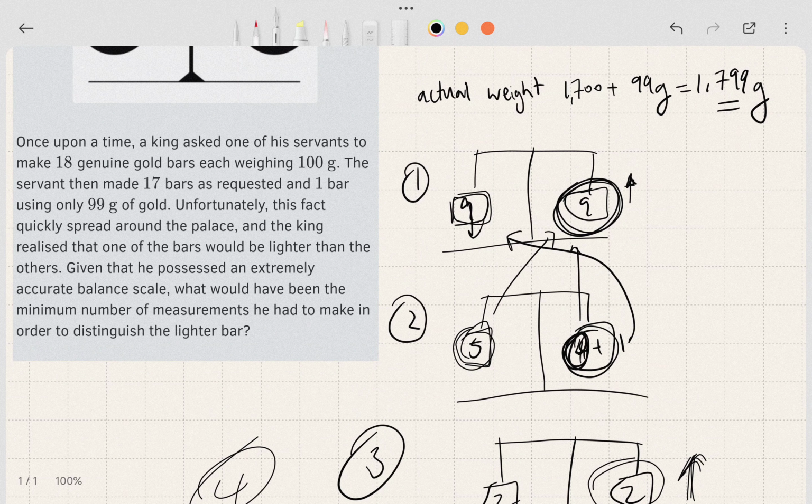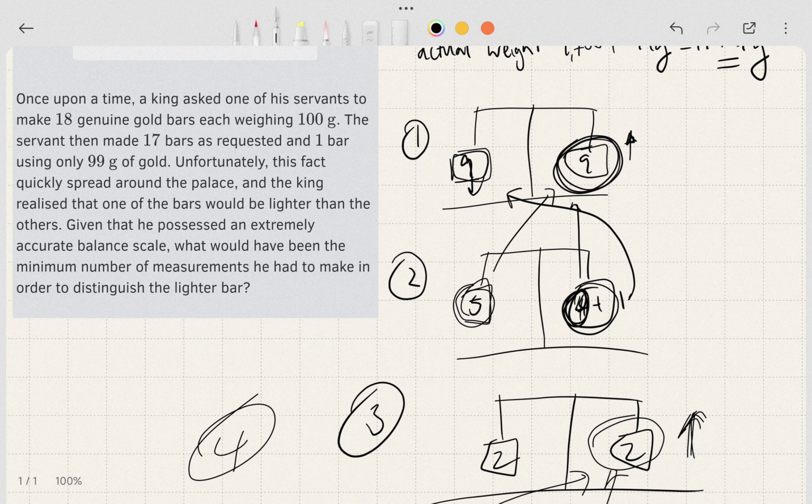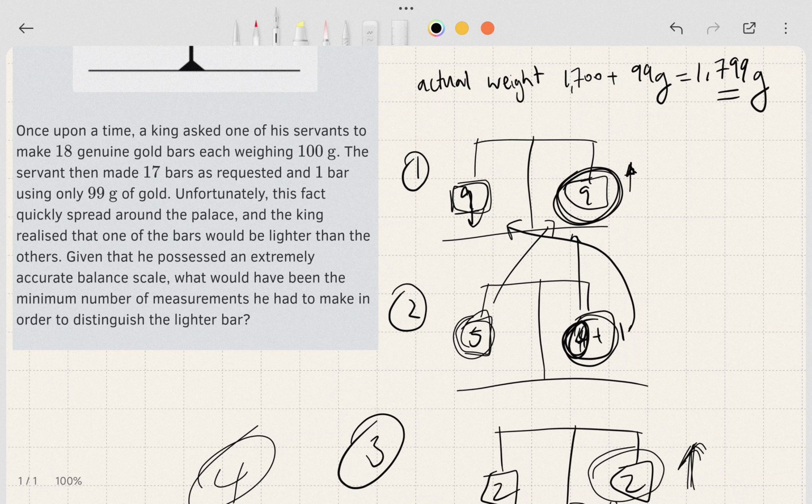Okay, so if it's not 4, then going back to this example here, when he had 9 bars on this side, and he knew that one of those bars is a defect, what he could have done was randomly choose one of the 9 bars out and place it somewhere else.